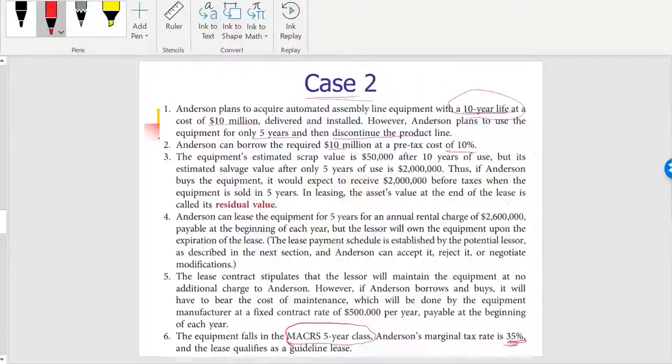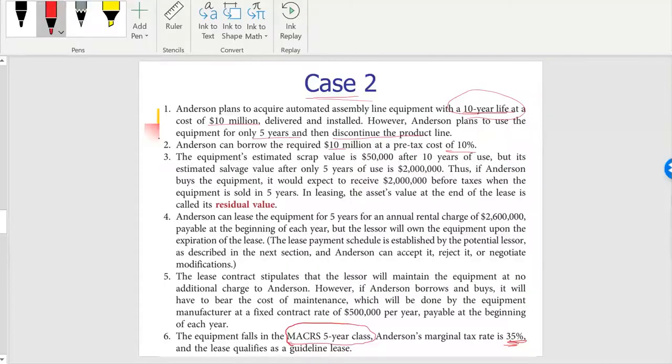What are the other informations we have? The equipment's estimated scrap value is 50,000 after 10 years of use, but its estimated salvage value after 5 years of use is around 2 million. Thus, if Anderson buys the equipment, it would expect to receive 2 million before taxes when the equipment is sold in 5 years.